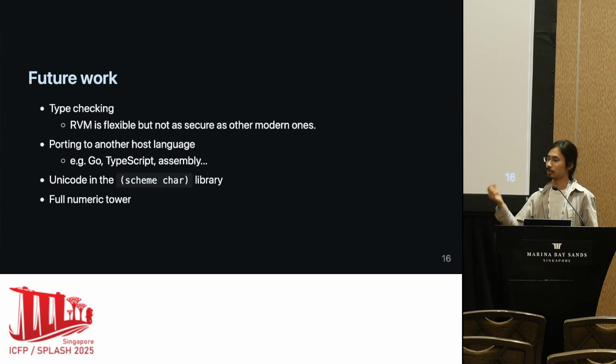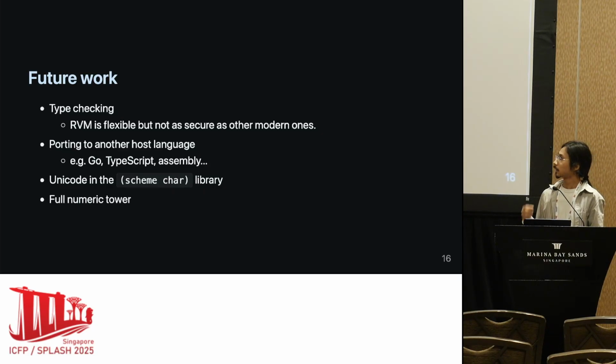For example, you can directly modify the state of the stack using very primitive procedures in Stak Scheme. To prevent this, we are planning to add type checking for those very primitive procedures.